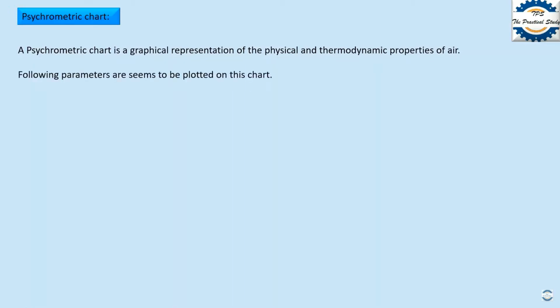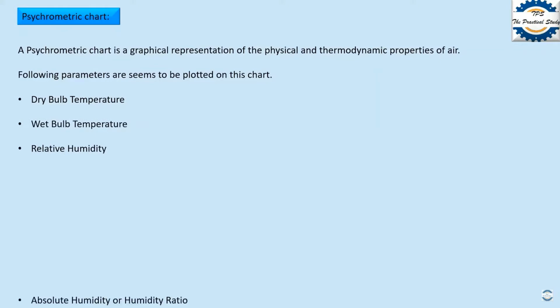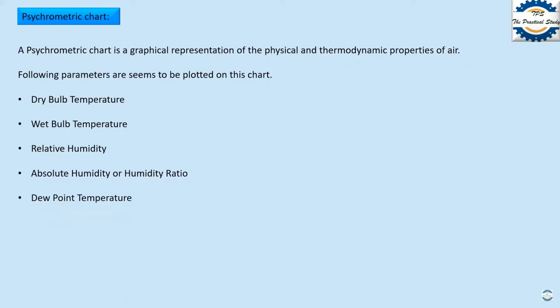The following parameters are plotted on this chart: number 1, dry bulb temperature, wet bulb temperature, relative humidity, absolute humidity or humidity ratio, dew point temperature, specific volume, enthalpy. We will learn all these parameters one by one and plot them on the psychrometric chart.